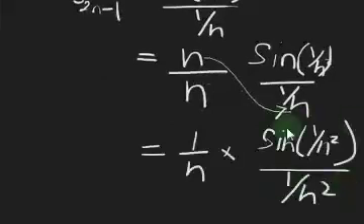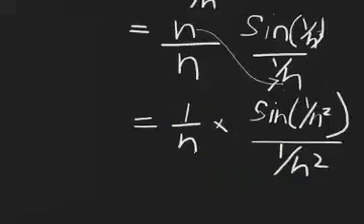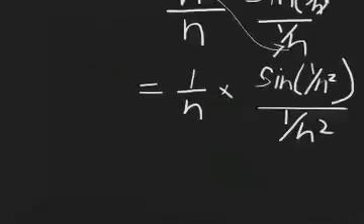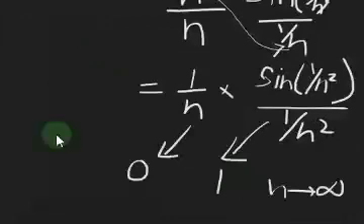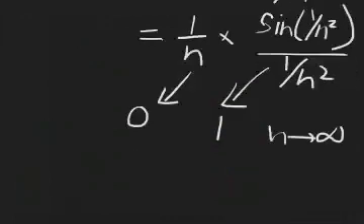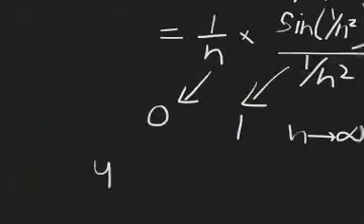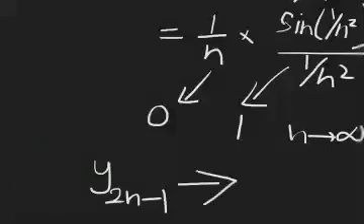As n tends to infinity, we know that this term approaches 1, but this term approaches 0. So this term approaches 1, this term approaches 0 as n tends to infinity, 0 times 1 is 0. So y sub 2n minus 1 approaches 0 as n tends to infinity.